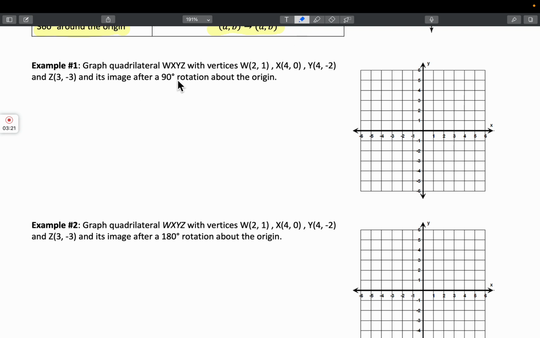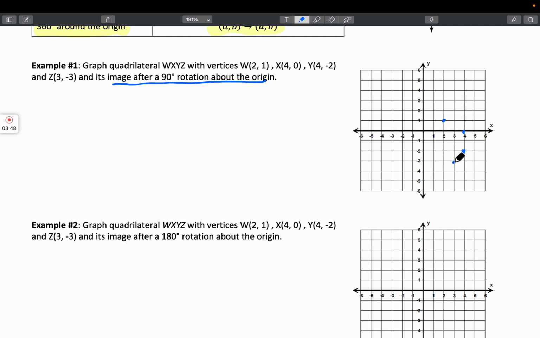We've got the quadrilateral WXYZ with vertices at (2, 1), (4, 0), (4, negative 2), and (3, negative 3). We want to graph its image after a rotation of 90 degrees around the origin. So let's take a minute to plot our figure. Here's W, here is X, Y is (4, negative 2), and then Z is (3, negative 3).